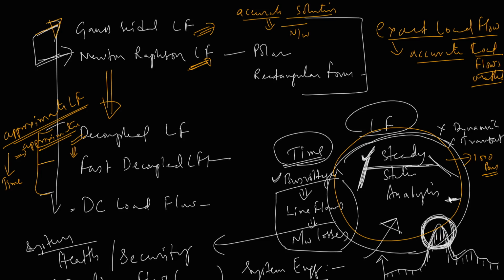Further two or more approximations led to the fast decoupled method, and again a few more approximations led to DC load flows. Each load flow is faster than the previous ones, and the DC load flow is faster than all the above.